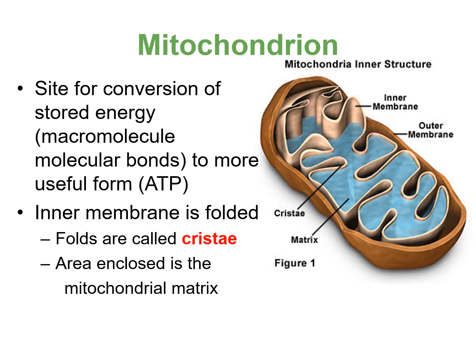Another thing you're going to find in all eukaryotic cells is the mitochondria. Mitochondria, powerhouse of the cell. You've heard that since you were a kid. The mitochondria is an organelle that houses specific enzymes that have evolved for oxidative phosphorylation.